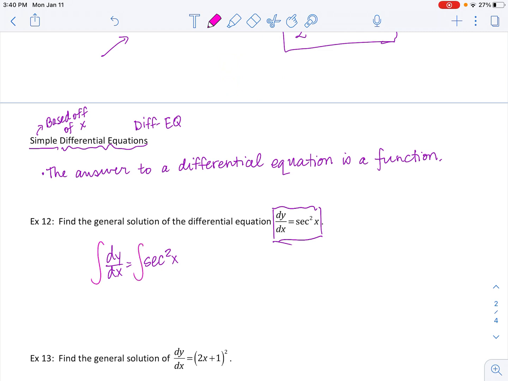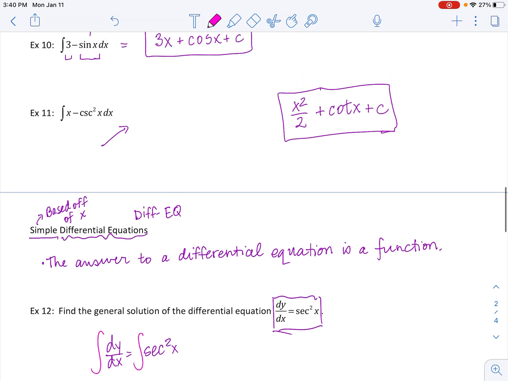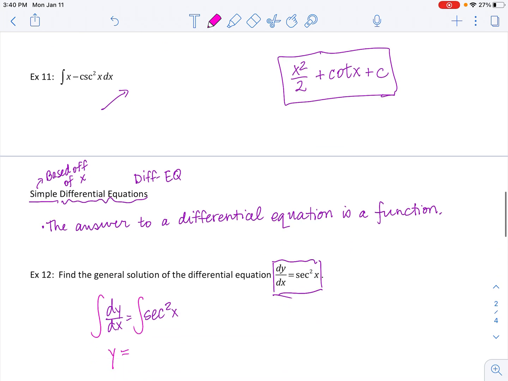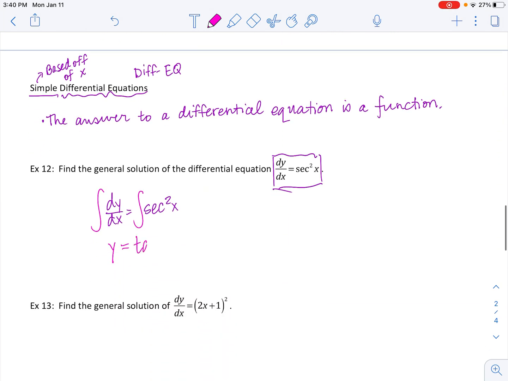When I integrate here and here, I'm going to get y, because the antiderivative of dy dx would be the function y that it came from. And then the integral of secant squared, if we check up here, is obviously tangent x. So this is going to be tangent x plus c. All this particular question asks us to do is integrate both sides.